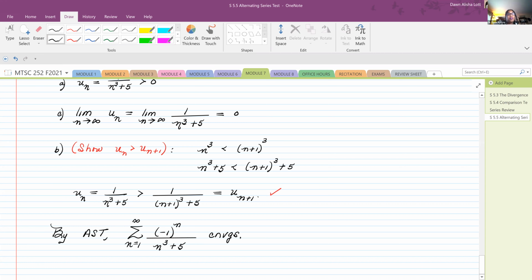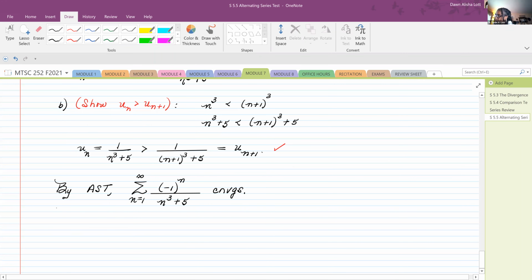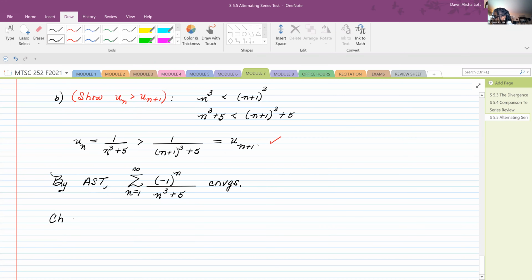Okay, so now we need to check for absolute or conditional convergence. It's only going to have one.